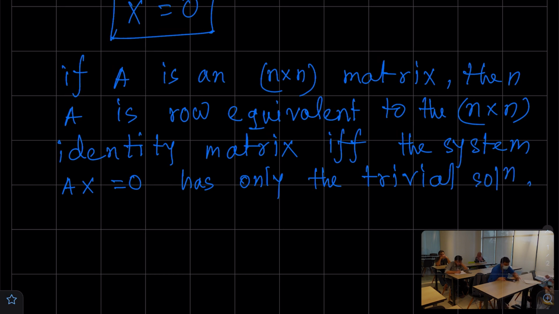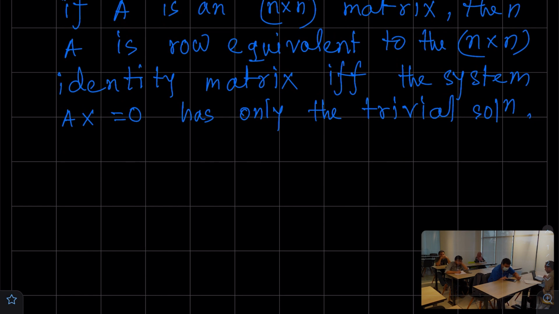Okay, so since A is row equivalent to the identity matrix, I can write this as I times x equal to 0, where I is the identity matrix.